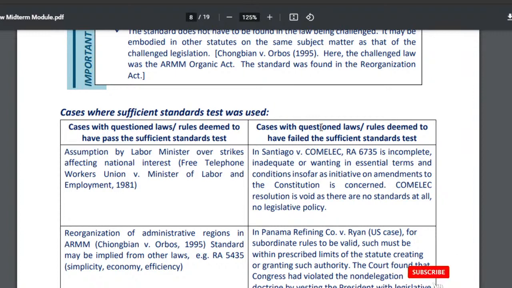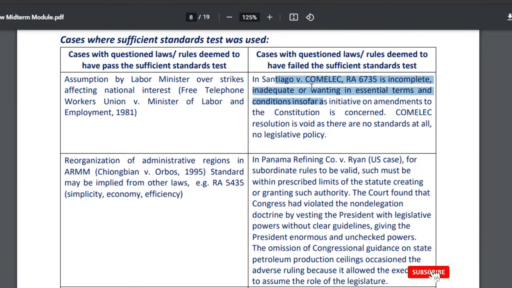We have here those cases with questioned laws or rules deemed to have passed the sufficient standards test, and cases deemed to have failed the sufficient standards test, katong kay Santiago, Panama Refining. For example, Santiago versus Comelec, gawa sa kaso sa atong midterms class. RA 6735, more on initiative and plebiscite, is incomplete, inadequate, or wanting, lacking in essential terms and conditions insofar as initiative on amendments to the Constitution is concerned.